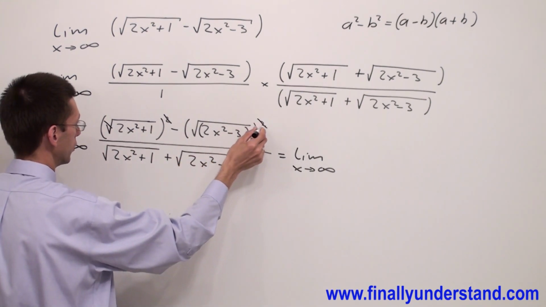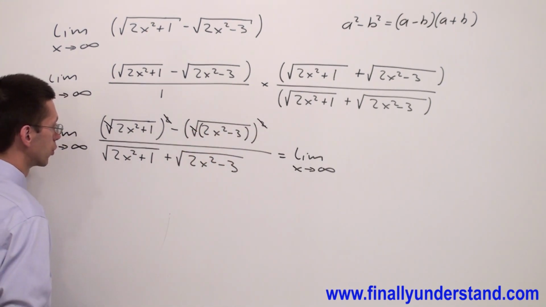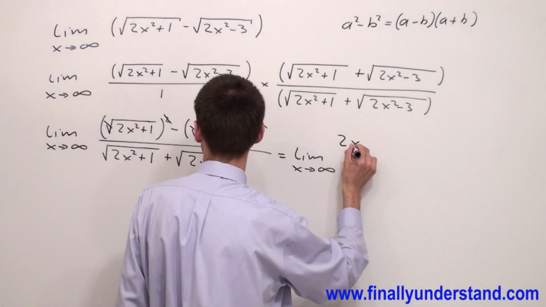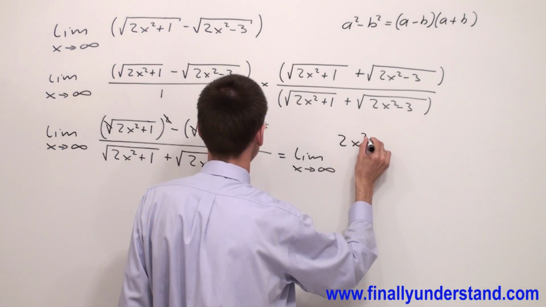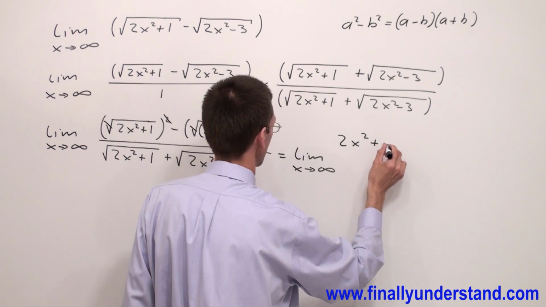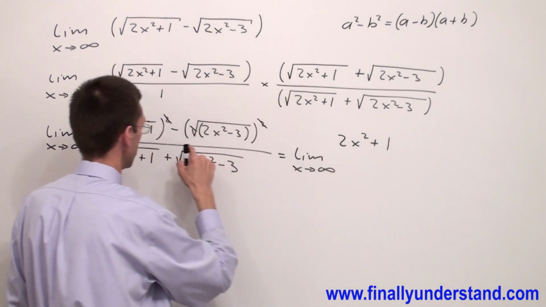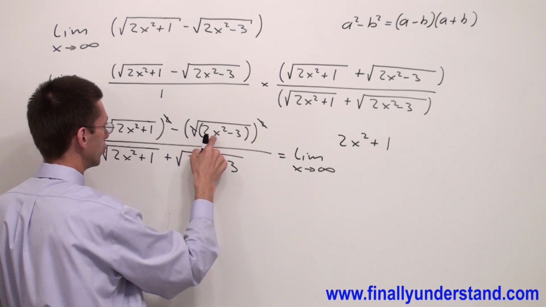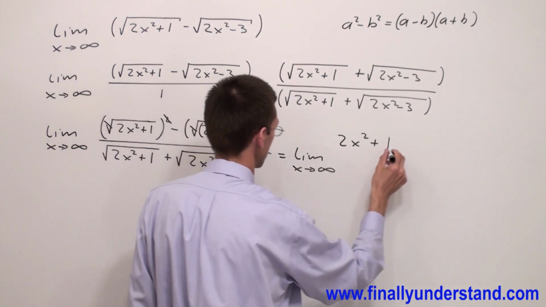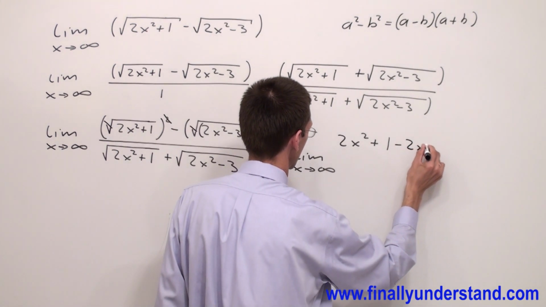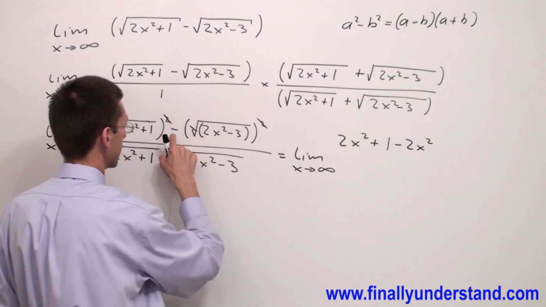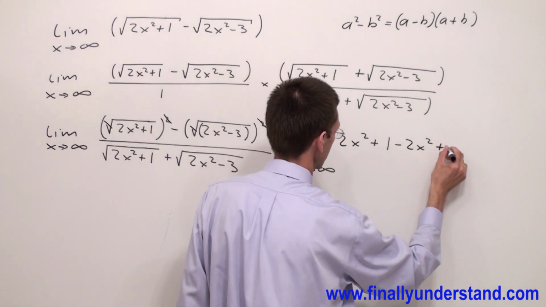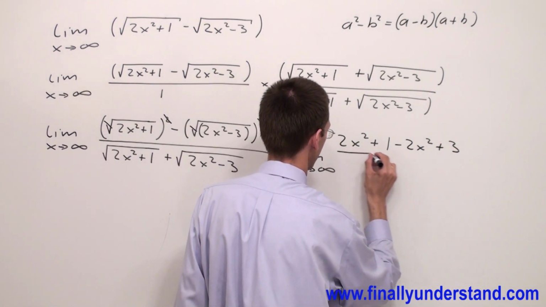This power is going to eliminate the square root, and I'm going to have 2x squared plus 1, and I have negative times positive 2x squared is negative 2x squared, and negative times negative 3 will give me positive 3.